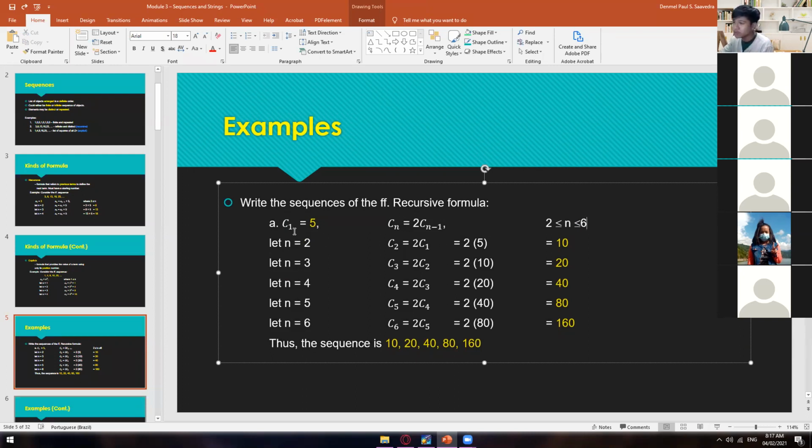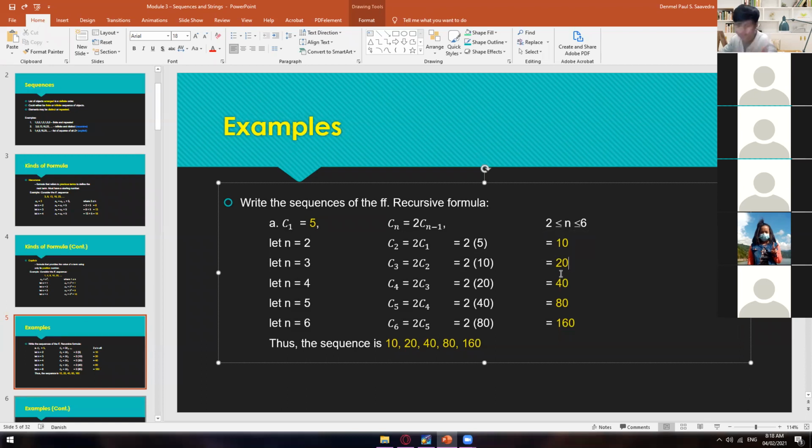And then for you to be able to get the C sub 2, you have to know the C sub 1. So substitute here to our formula. What is our 2 times C sub 1? C sub 1 is 5, so 2 times 5 is 10. And then for C sub 3, you have to know the value of C sub 2. C sub 2 is 10, so 10 times 2 is 20.